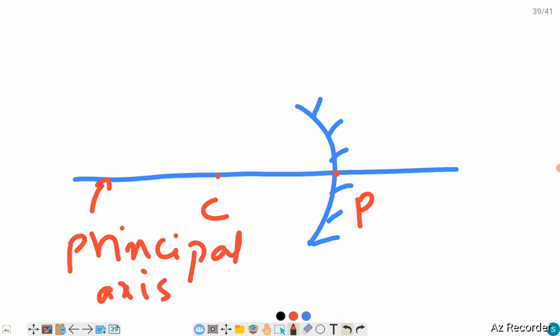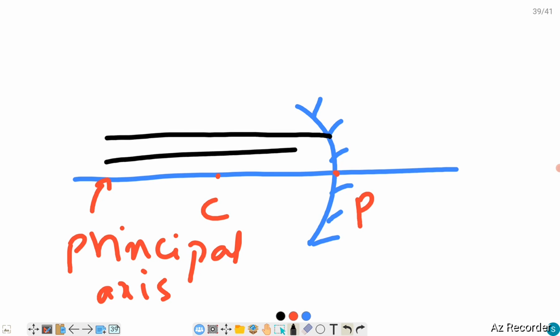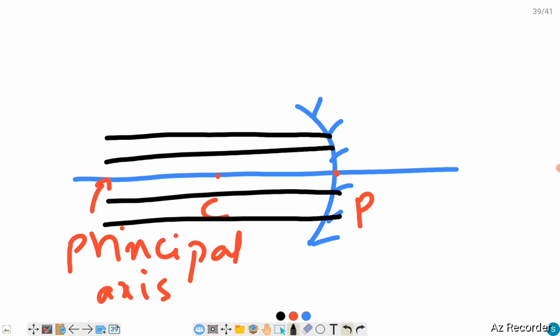So when there is a parallel beam of light, it means parallel to the principal axis. After reflection, it is meeting at one point on the principal axis. That we have seen now. Why the light rays are meeting at that point, we will see now.